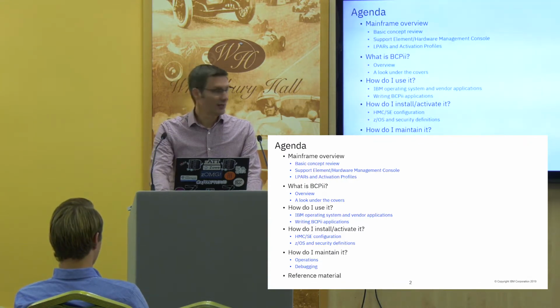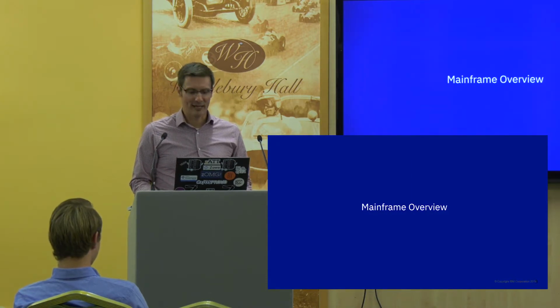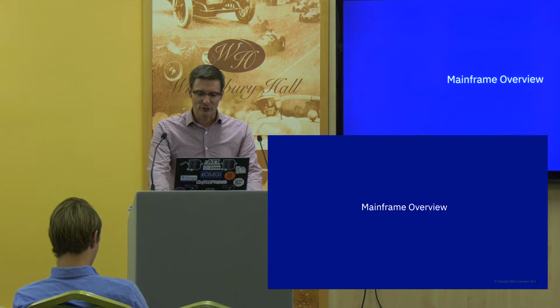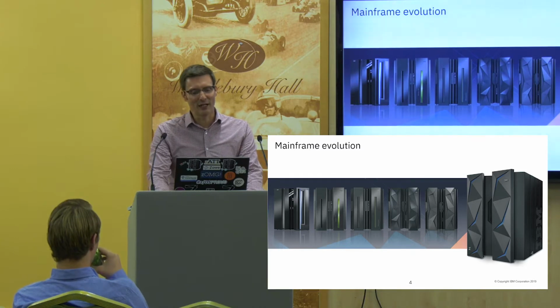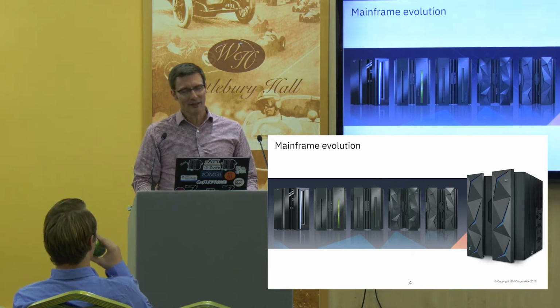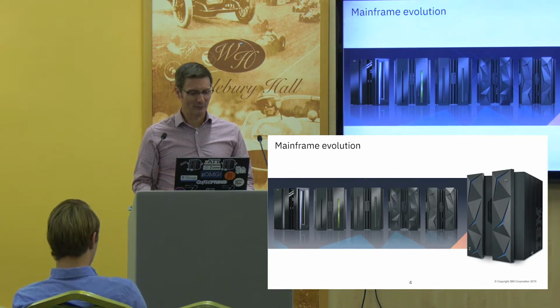All right, let's talk a little bit about the mainframe overview, and the evolution of mainframes. You can see here there are a lot of generations of machines that have come out over the last number of years.